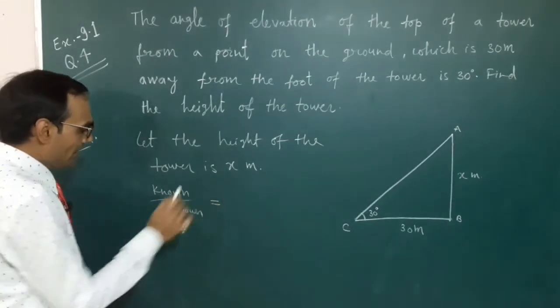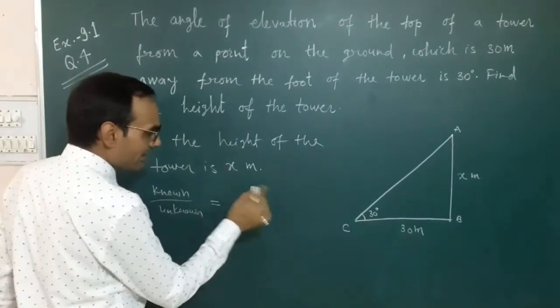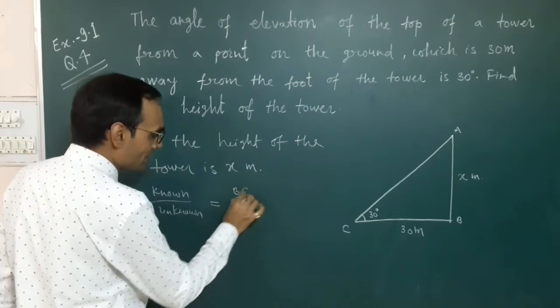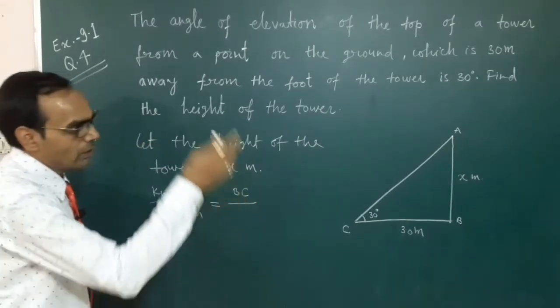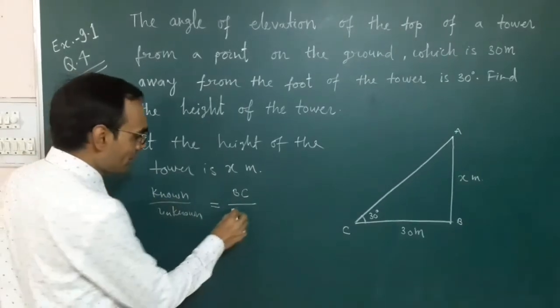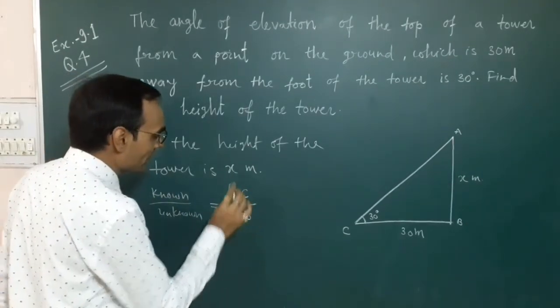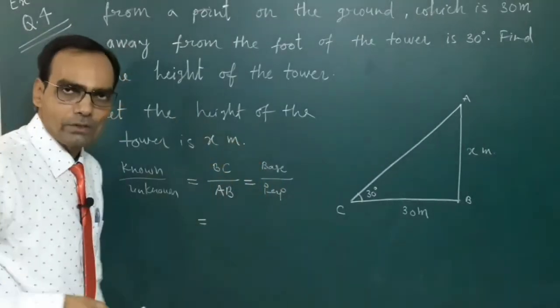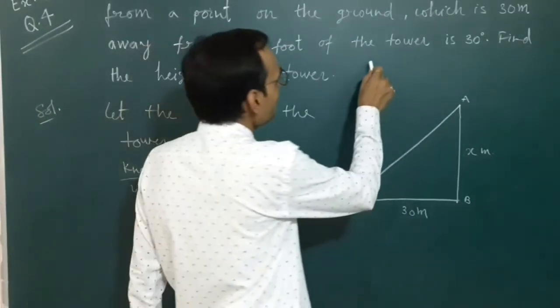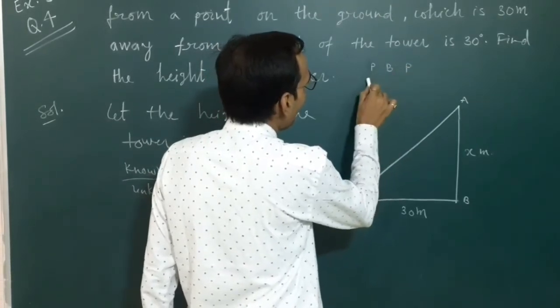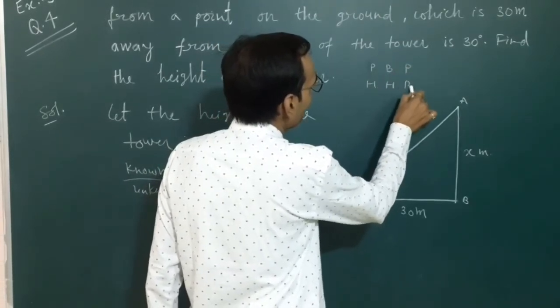Here the known value is 30 meter, that is base BC. First we will write BC, and the unknown value is AB, which is the height of the tower we have to find. So take BC by AB, so base by perpendicular. You remember, students, our formulas, Pandit Badri Prasad Har Har Bhole, right?